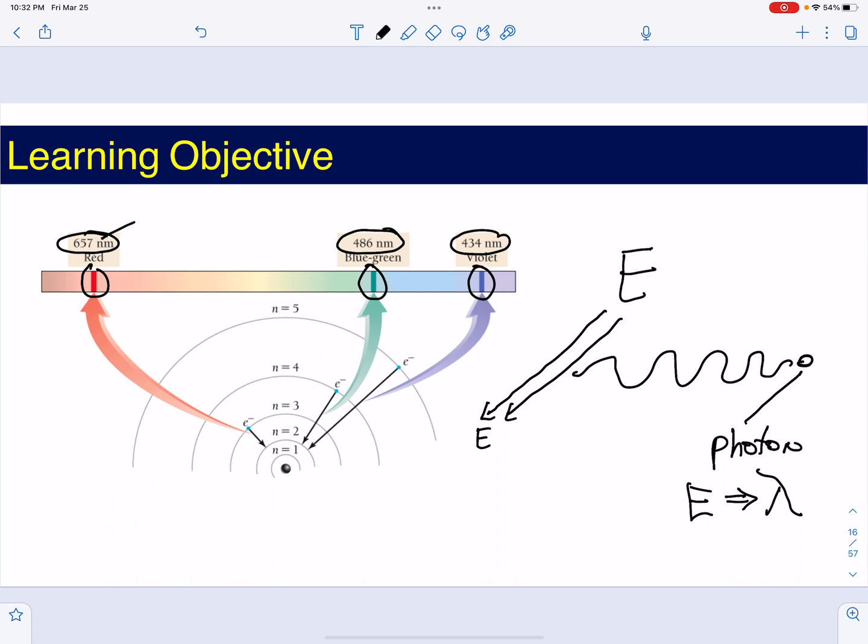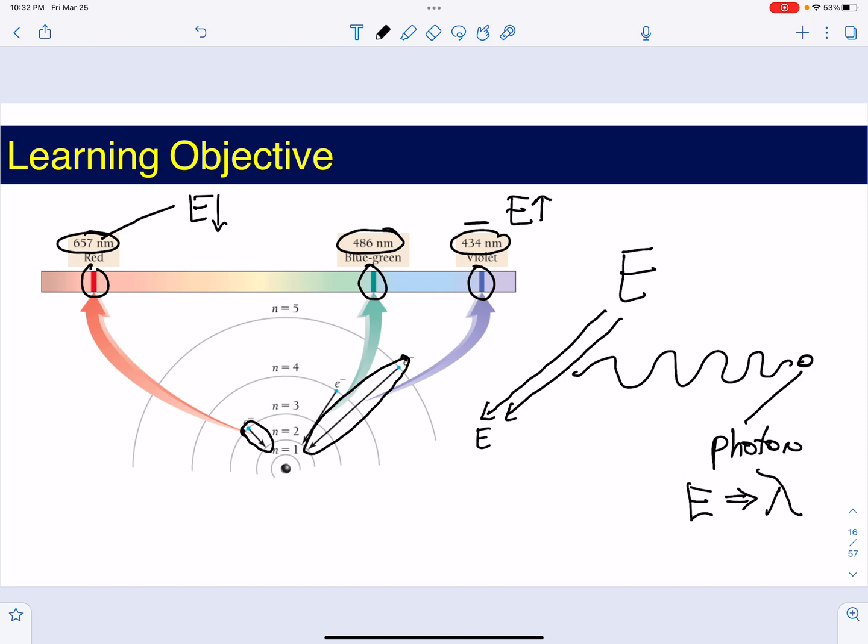So this is the one with the longer wavelength, so the smaller energy. This is the one with the smaller wavelength, so the higher energy. So let's see if that matches. This one is coming from this energy transition, while this one is coming from this energy transition.